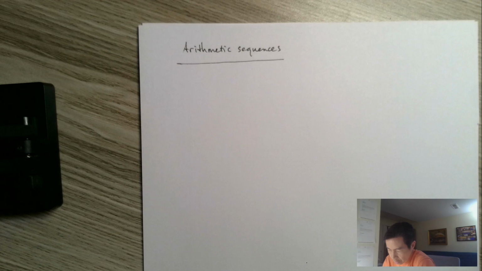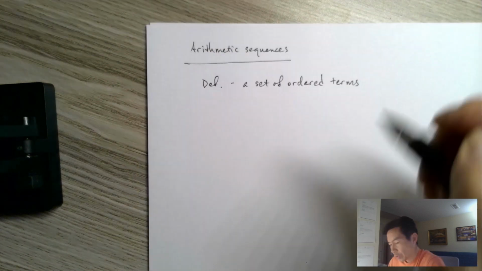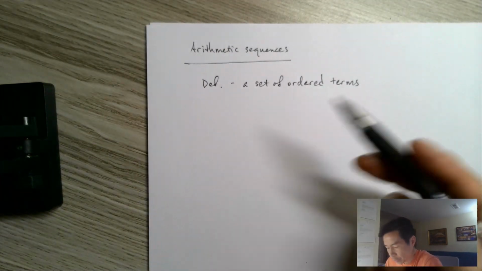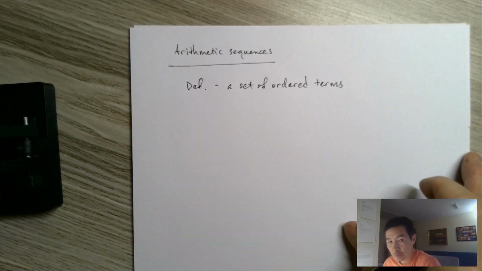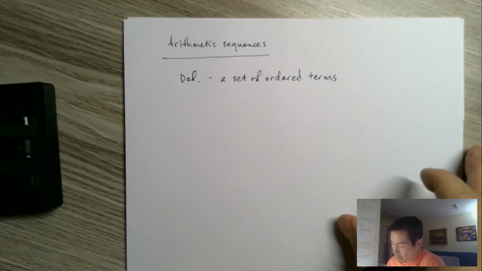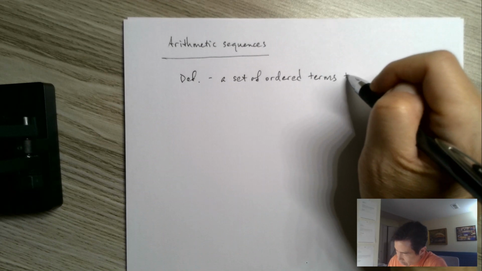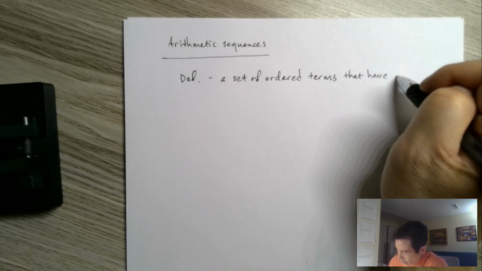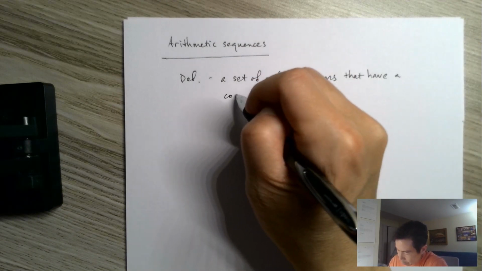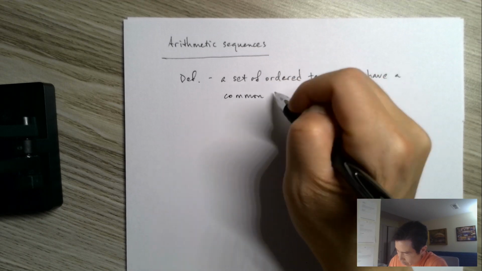An arithmetic sequence is a set of ordered terms, and some of the words in the definition are going to need to be defined as well. I'll do that right after. A set of ordered terms that have a common difference.